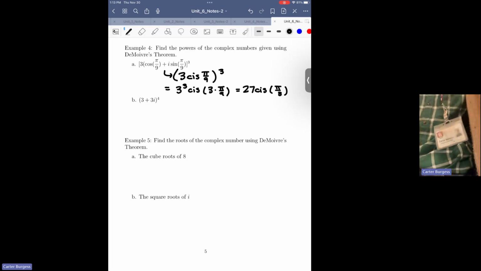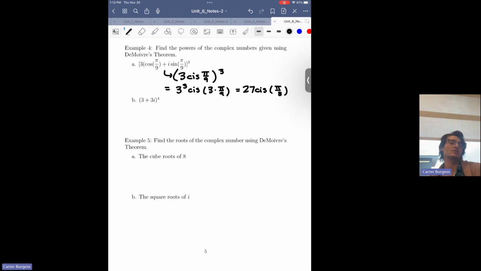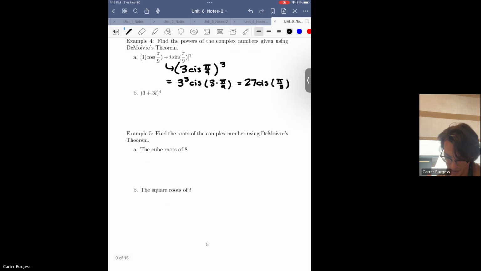All right. So what was our complex number in its polar form? Remind me. What's R? What's theta? So 3 root 2 or the square root of 18.